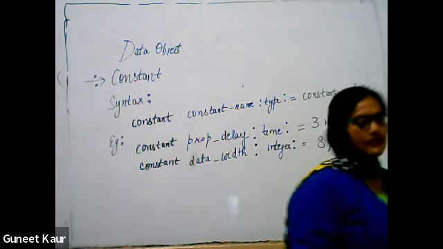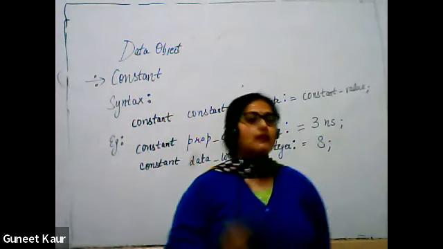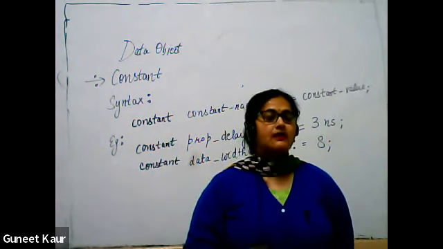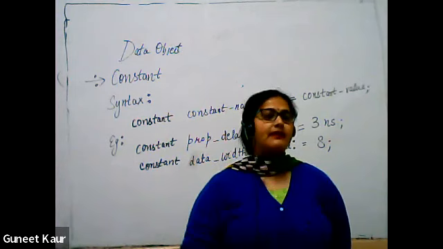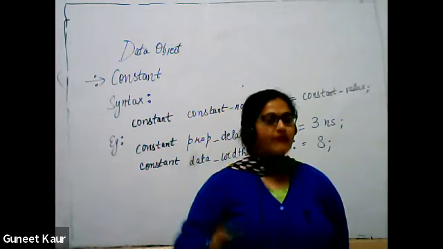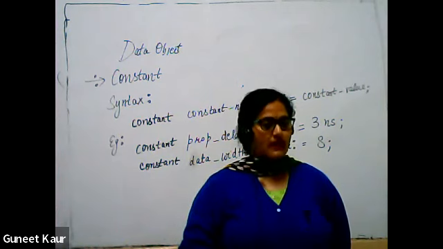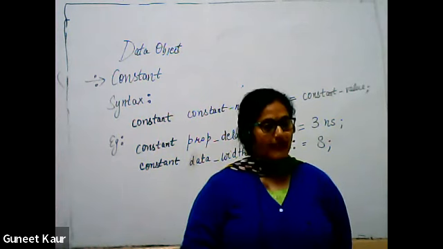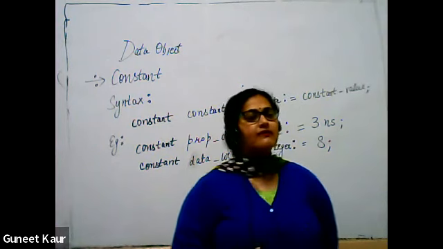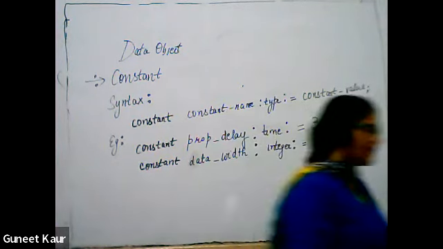Means if I am writing VHDL code, in the whole VHDL code, I can define my constant in the entity part also, in the architecture part also, and third one is the package part also.